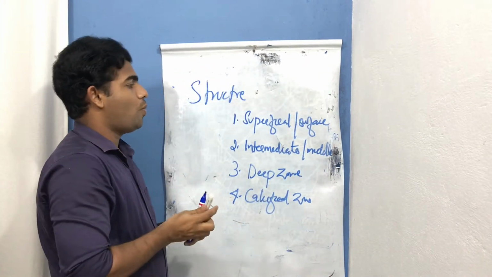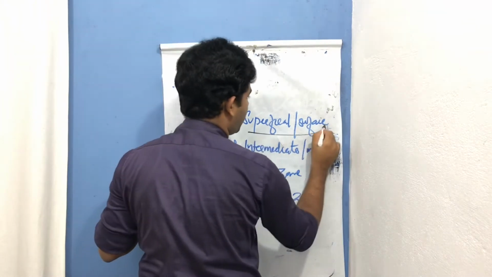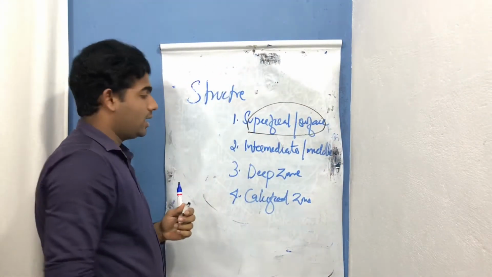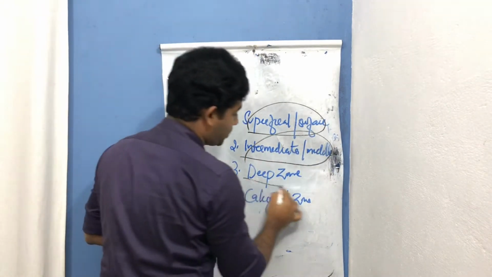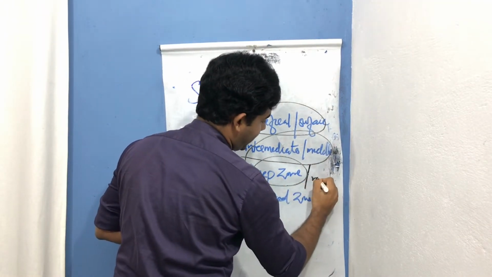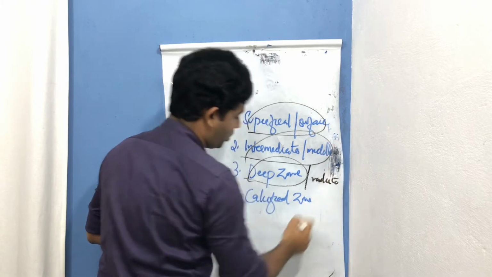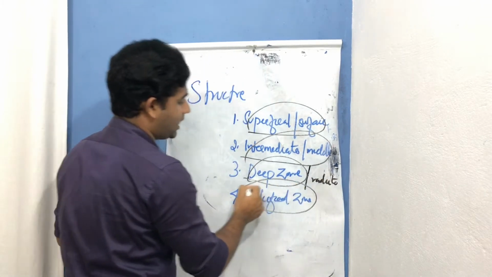That is the superficial zone or the surface zone, the intermediate zone or the middle zone, the deep zone, also known as the radiate zone, and finally the calcified zone.